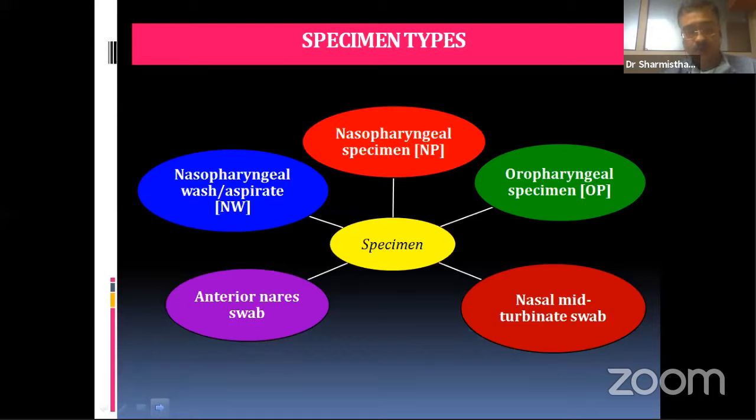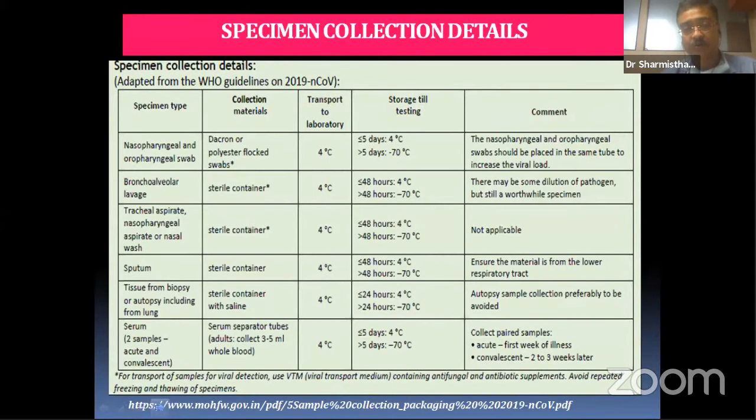Now, next I go to the collection and storage protocol as per WHO. For nasopharyngeal and oropharyngeal swabs, transport for everybody is at 4 degrees centigrade. For storage till testing, if it is less than 5 days, you can keep it at 4 degrees centigrade. If it is more than that, it will be minus 70 degrees centigrade.